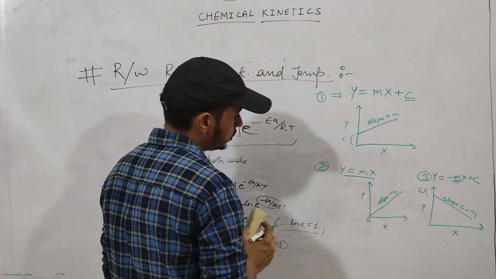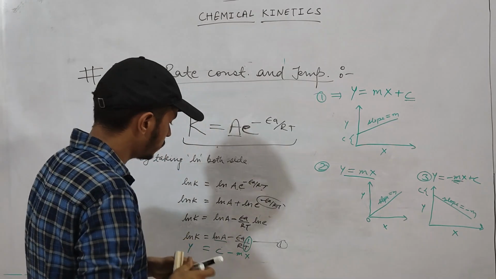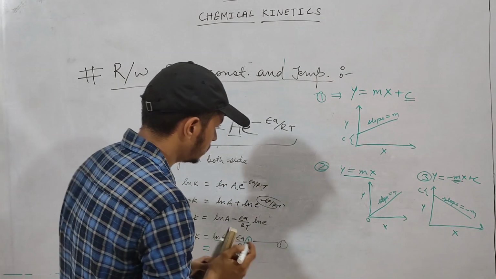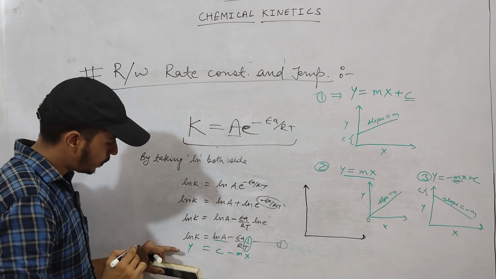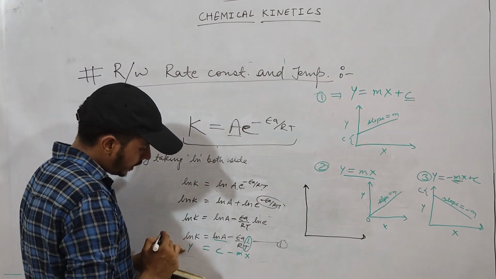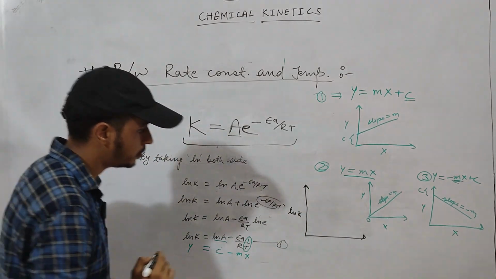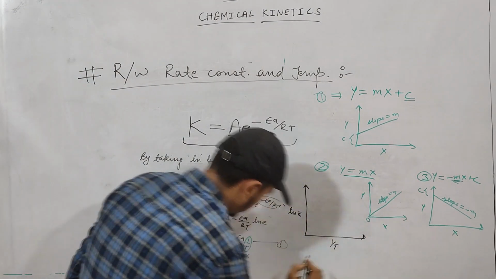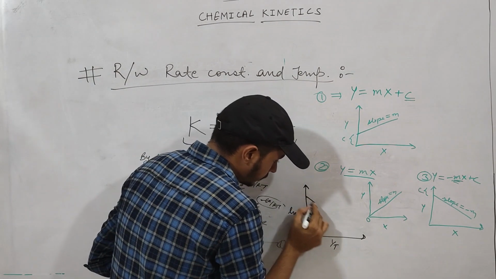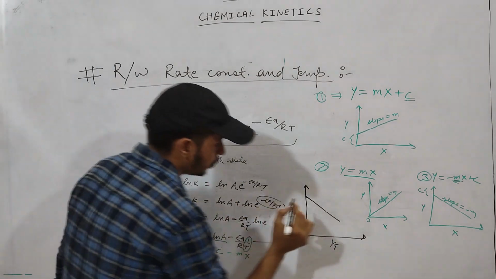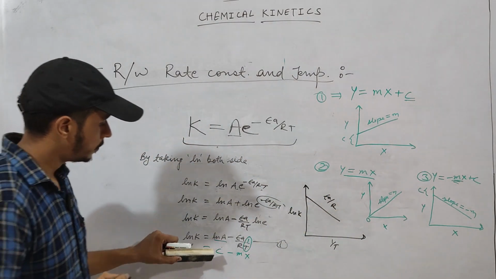So we will draw the graph for this. It is a similar graph, no change. On the y axis it will be ln k, and on the x axis it will be 1 upon T. The slope is negative, so it will go like this, and the slope is Ea upon R. And what will be the value of the intercept c?